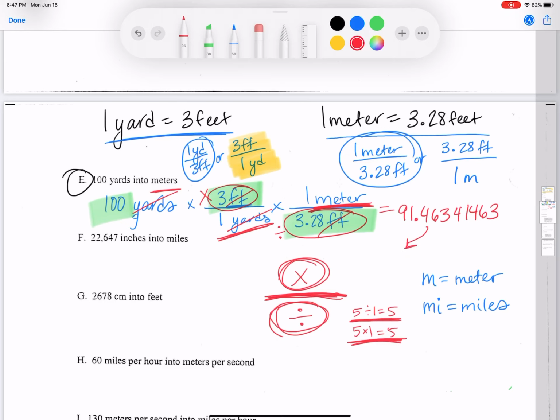Remember, that is always the very last step that you take. You don't ever do more than 1 round of sig figs. So you go to your data. Your data in this question was 100 yards. 100, no decimal point, that's 1 significant figure. So you go back over here to your calculation answer. The 9 is your only first significant figure.